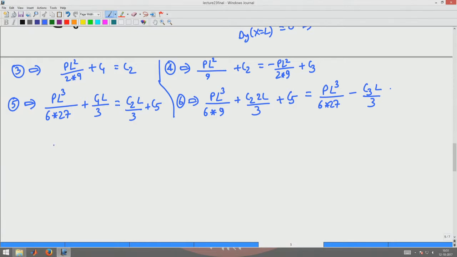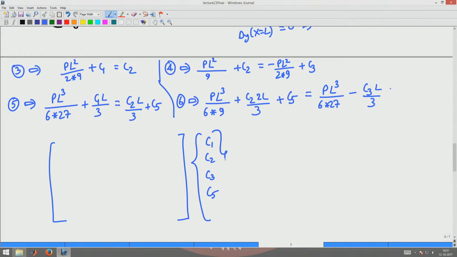So, it will be C1, C2, C3, C5, the constants, which should be equal to the right hand side whatever we are getting. The first equation, the coefficient of C1 is 1, coefficient of C2 is minus 1. C3 is not there, so this is 0, C5 is not there, so that is 0. So, that should be equal to minus P L square by 18.